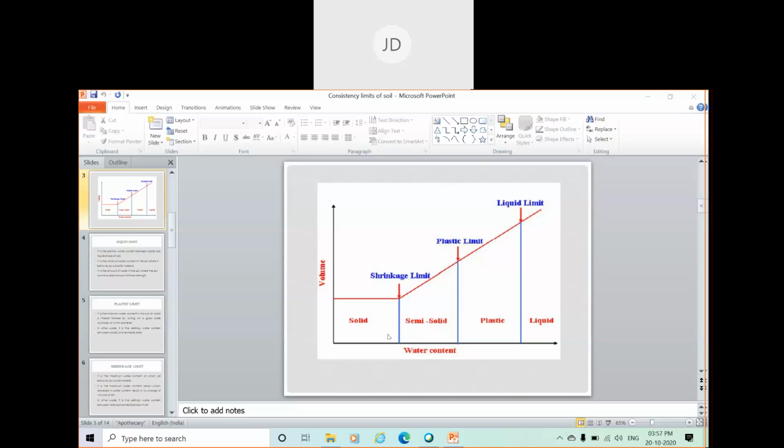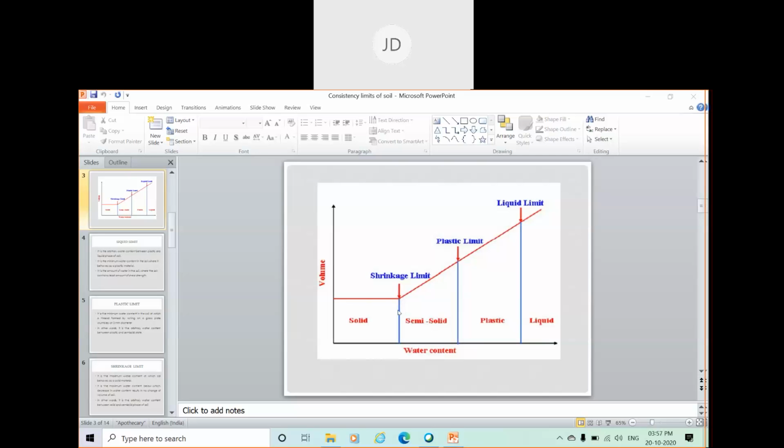So here I can repeat the definition of shrinkage limit. It is defined as the maximum water content at which a reduction of water content will not cause a decrease in volume of soil mass. There is another definition: it is the lowest water content at which a soil can still be completely saturated.